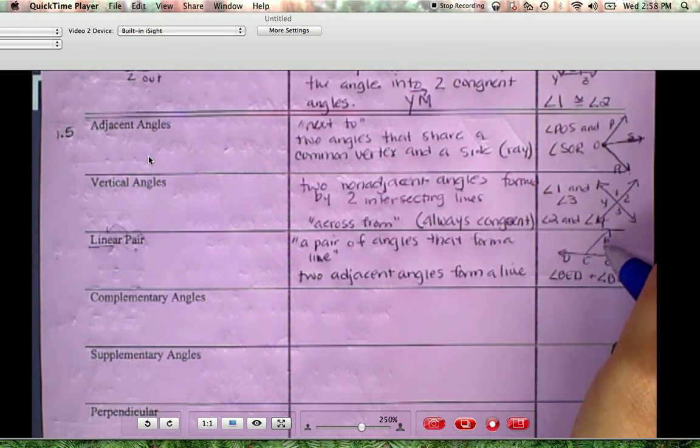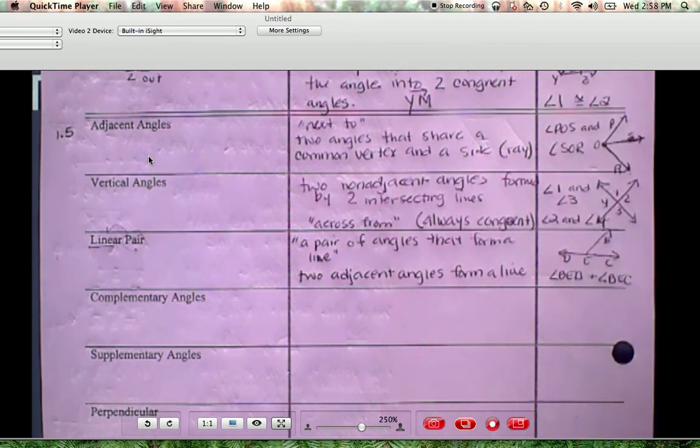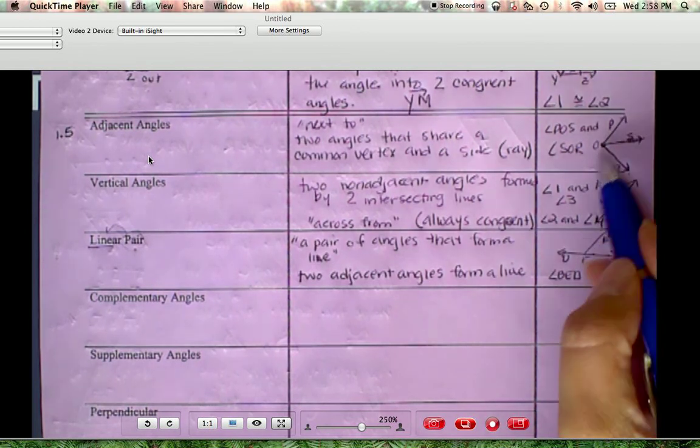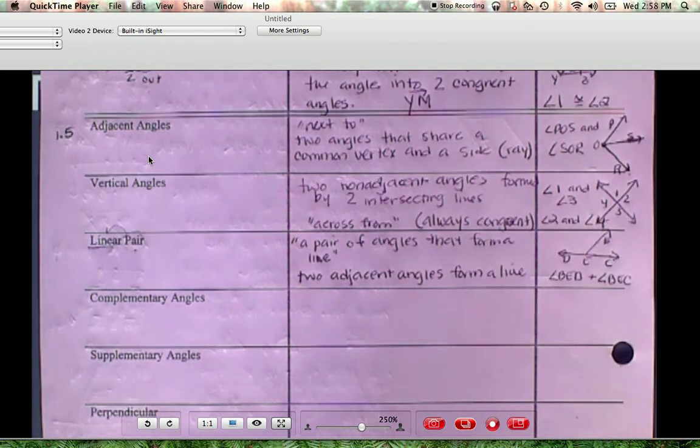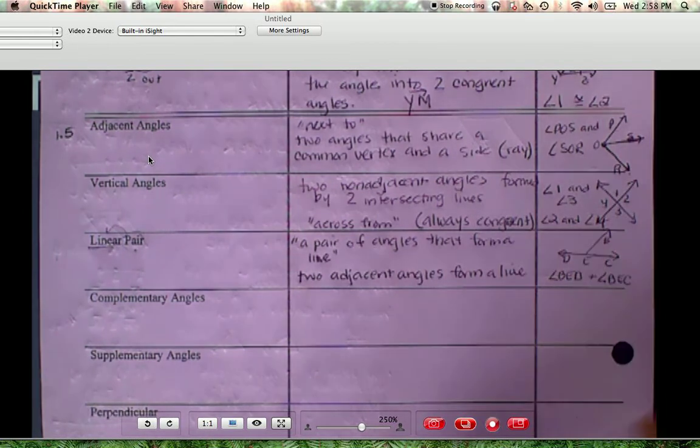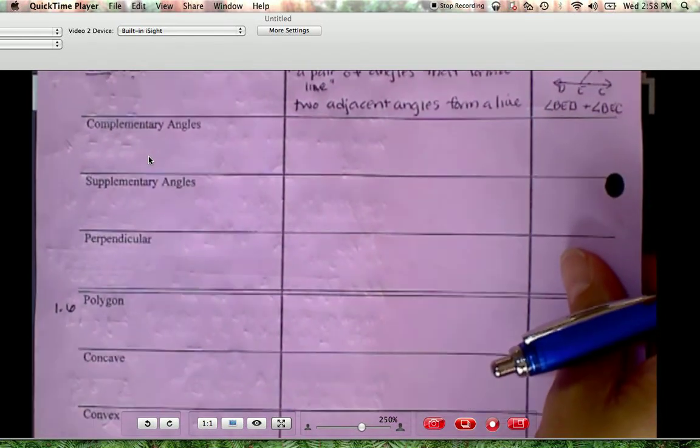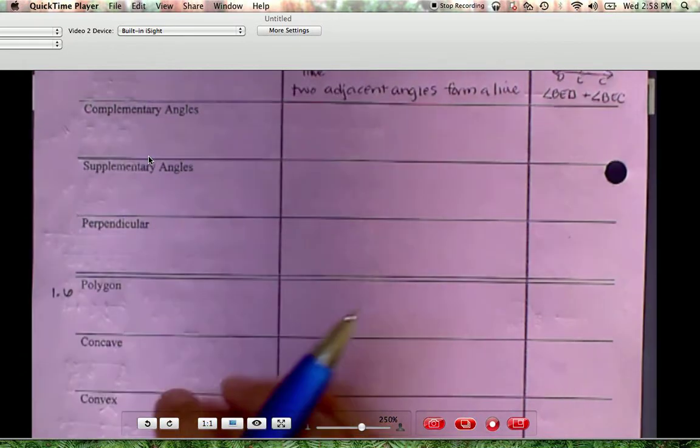So that's a linear pair. It's still 2 angles, angle BED, angle BEC, just like this is angle 1 and angle 3, angle 4 and angle 2, angle POS and angle SOR. It's still 2 angles that work together to make up this relationship. Now the next 2 definitions you should be familiar with, complementary and supplementary.